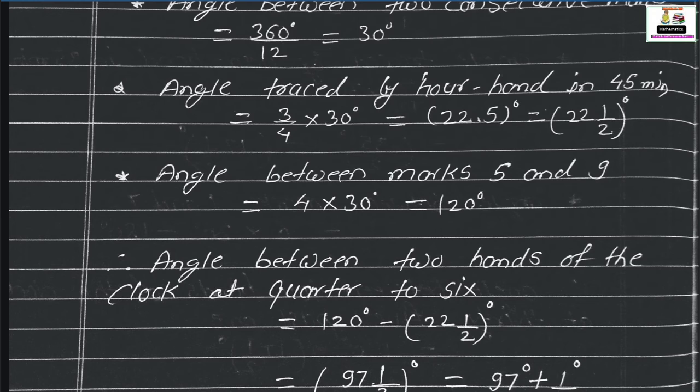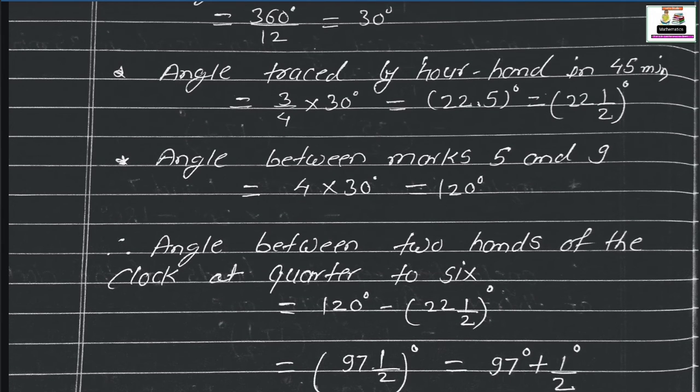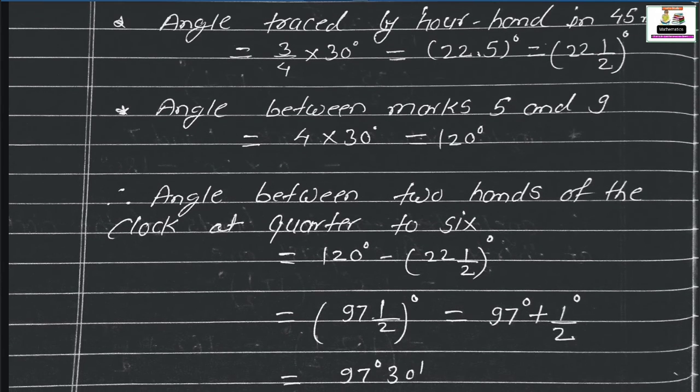Now again, the angle between the two hands of the clock at 5:45 is 120 minus this angle 22.5 degrees. The calculation gives 97.5 degrees. We write this as 97 plus 1/2 degrees, and 1/2 degree means 30 minutes. This is the last answer, 97 degrees 30 minutes.